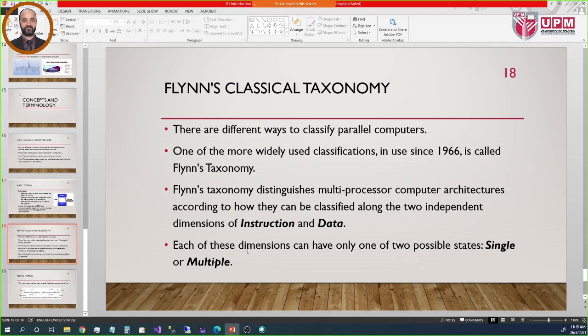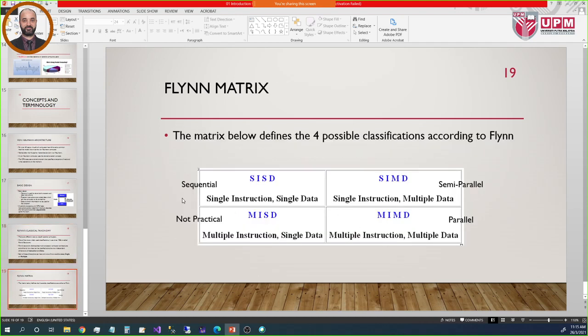Each of these dimensions can have only one of two possible states: either single or multiple. So we will have single and single, single and multiple twice, and multiple with multiple. Later we will see that in the coming slide.